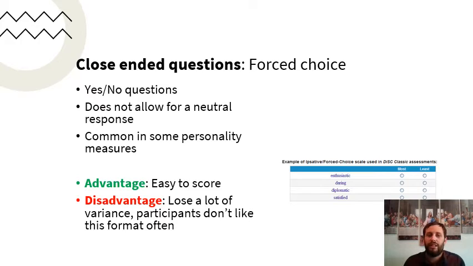So an advantage of this is that they're oftentimes easy to score. Did the participant choose yes or no? And that's really great from a statistical standpoint, to be able to score something easily and get a direct survey response. However, we lose something called variance. We didn't allow the participant to choose within a spectrum anymore, so we lose this variance to understand.